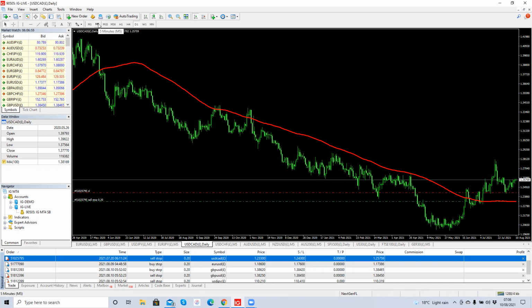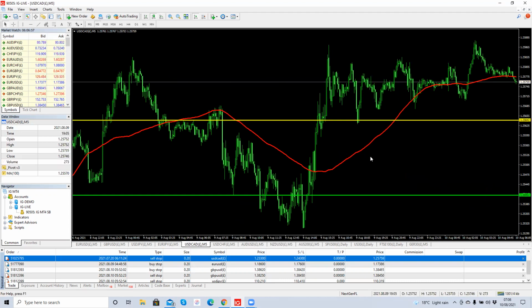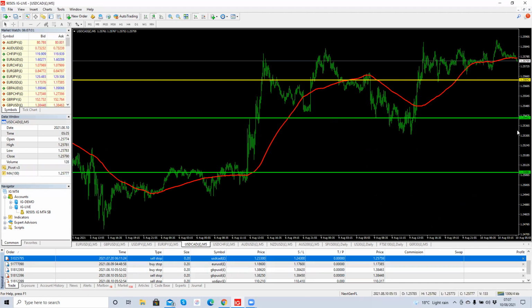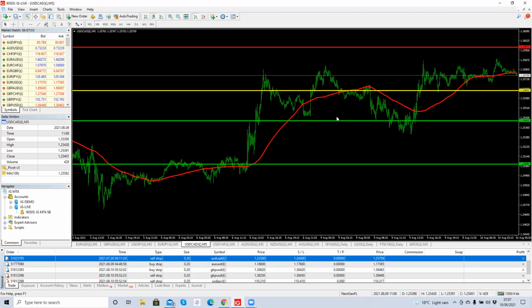And for the day trade, we'll go to the 5-minute time frame. I can see that, as usual, the dollar Canadian dollar is in a bit of a mess. You can see initially when it trended up there, but since then, really, it's just been going sideways. And let me just mark that.